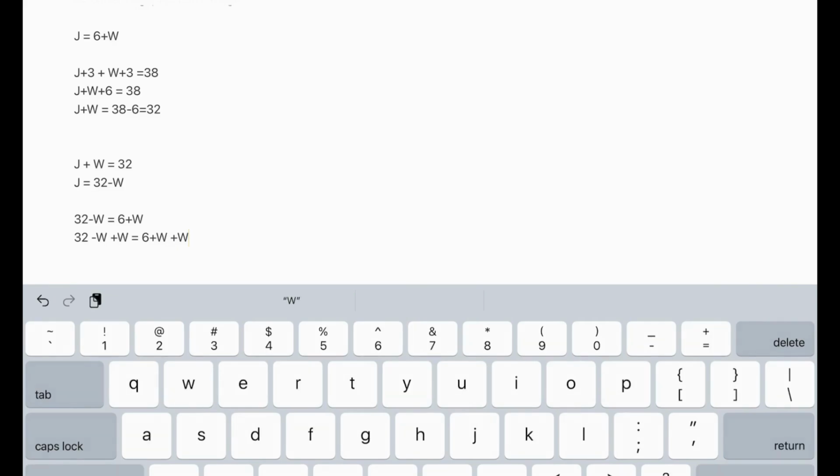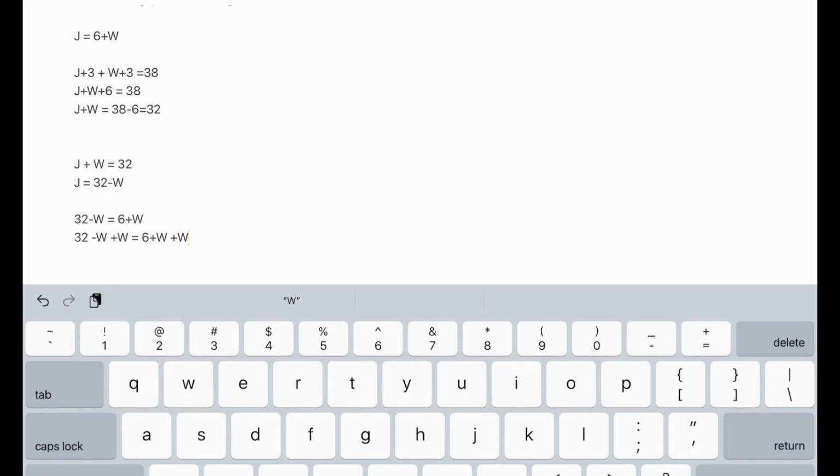These are called additive inverses. The additive inverse of a number is a number that you add to the number to get 0. That's how you solve equations, or you can also say that you're isolating it. Another trick: if it's minus W here, when you take it to the other side it becomes plus W. Whatever the sign is, it becomes the opposite sign when you bring it to the other side.